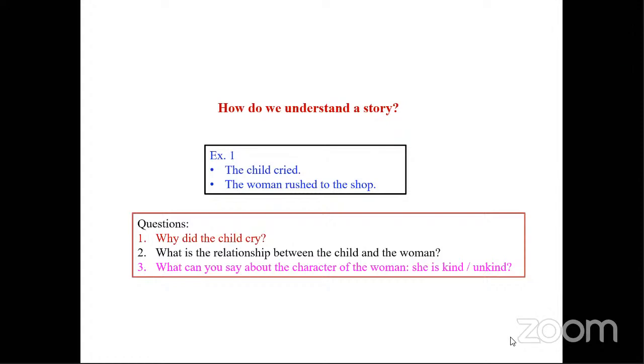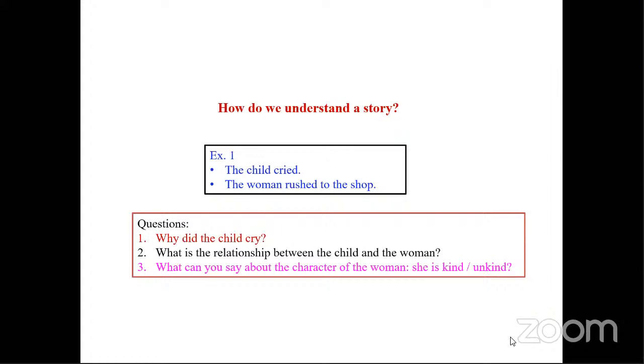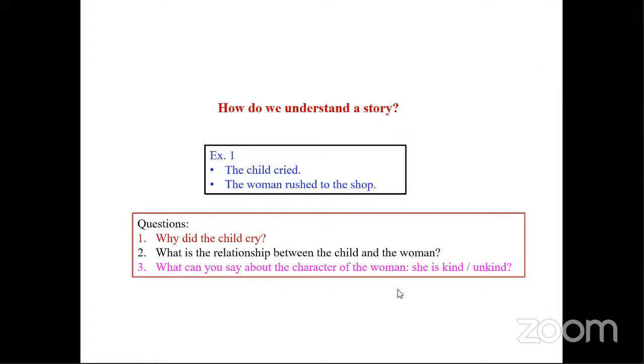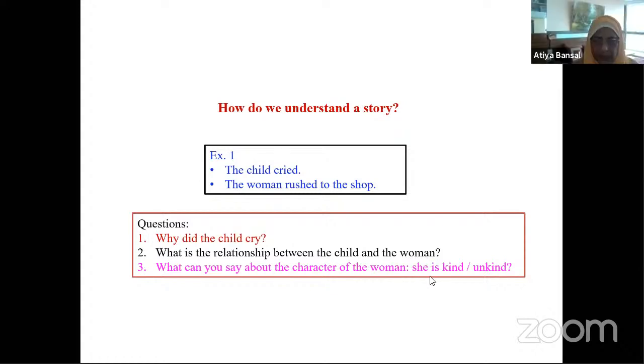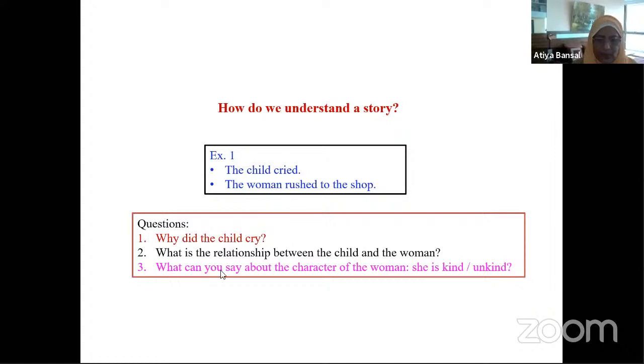They say uncomfortable, to sleep, sickness. Okay, that is the answer to question number 1. Now we are on question number 2. What is the relationship between the child and the woman? Mother. Another answer is mother. So many people said mother. Okay, fantastic. Question number 3 is, what can you say about the character of the woman?